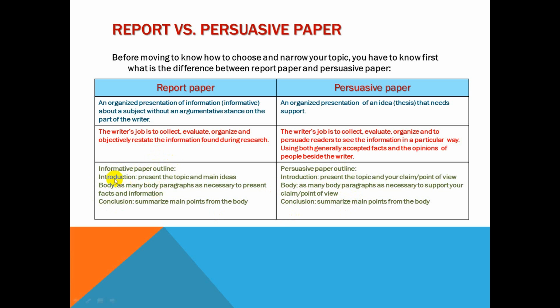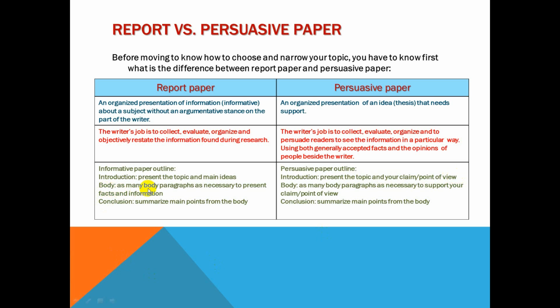But the difference is, in the introduction of the report paper, we present the topic and main idea. As for the introduction of the persuasive paper, we present the topic and your claim, your thesis, your point of view that you want to support or prove.